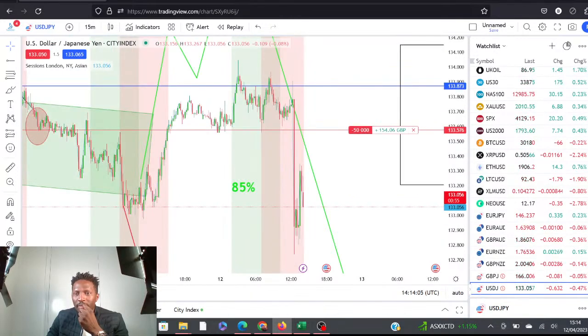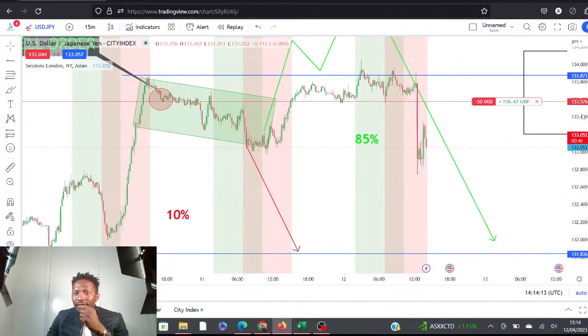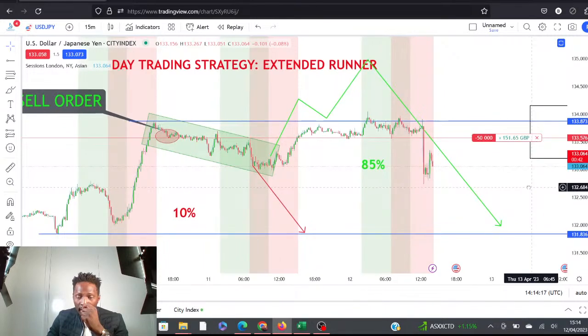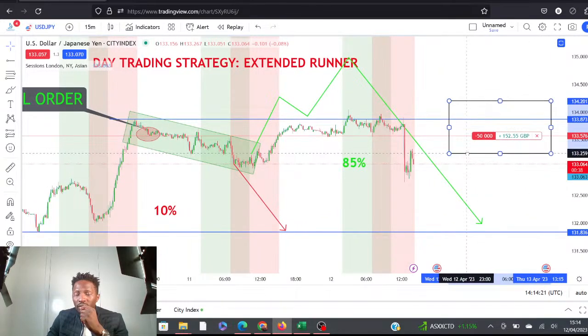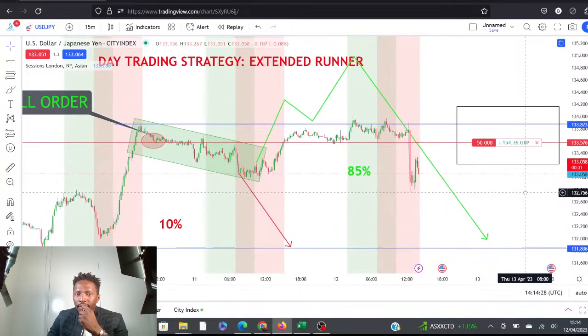Because Fridays is something that, based on the strategy that I trade and I teach, this day trading strategy, I will never advise any of my students to use this strategy and trade on a Friday. Never. Well, they can if they want to, but they should be prepared to not have good days on Fridays.